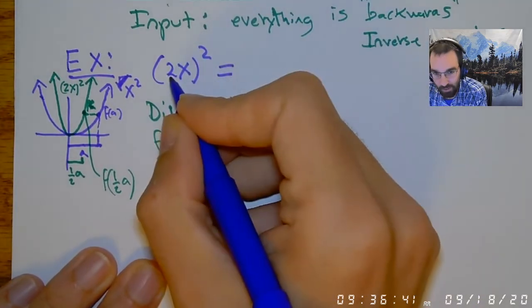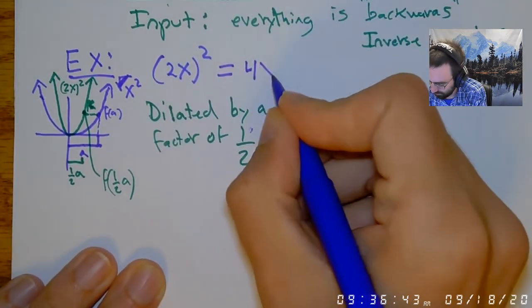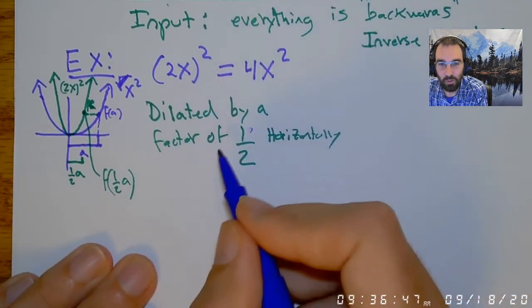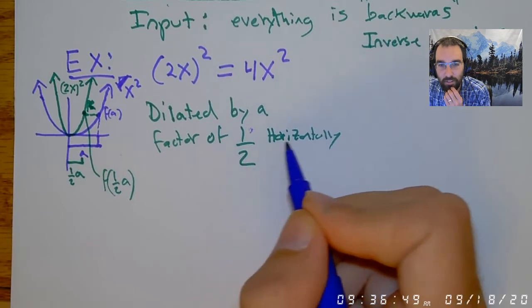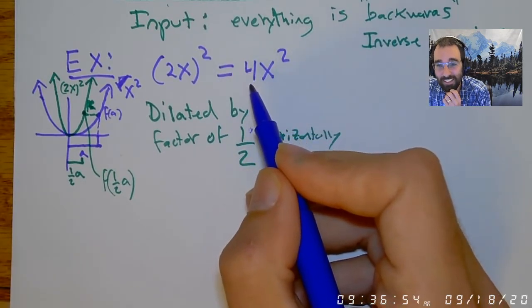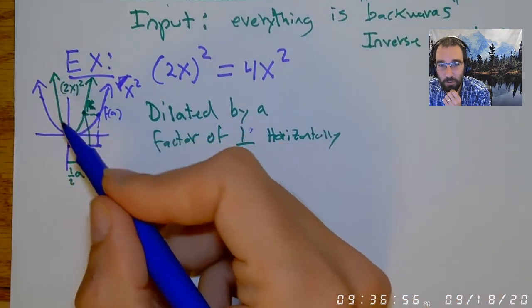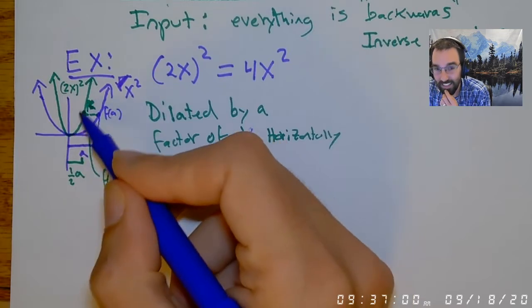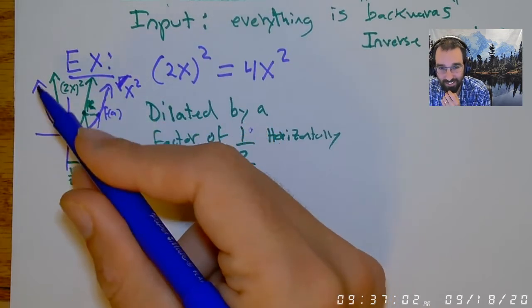So you can just be like, well, what's 2 squared? These are equivalent. So when we say dilated by a factor of 1/2 horizontally, it's the same thing as vertically dilated by a scale factor of 4. So this graph right here is also just 4x squared.